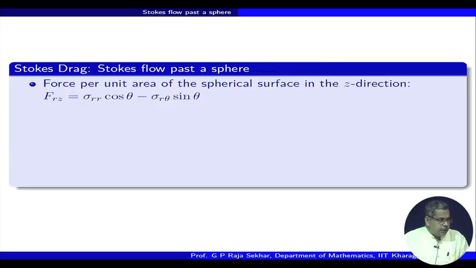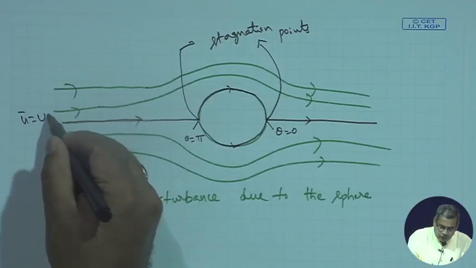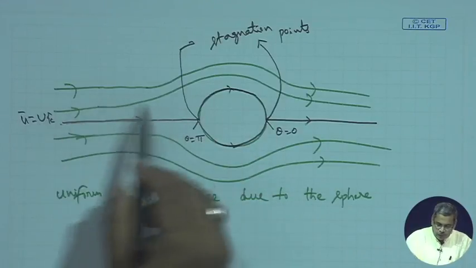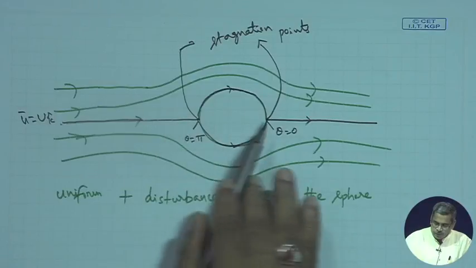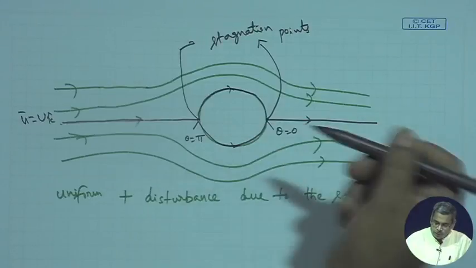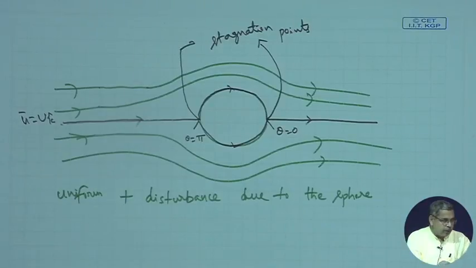The definition is force per unit area of the spherical surface in the z direction, that will be the drag in the z direction. Why? Because we have u equals u k. So, therefore, it exerts force, this is constant. So, due to this the uniform flow exerts a drag force, okay, in the z direction. That means, if the flow is in this direction, we get the reaction in the corresponding opposite direction. Okay. So, that we are going to compute.